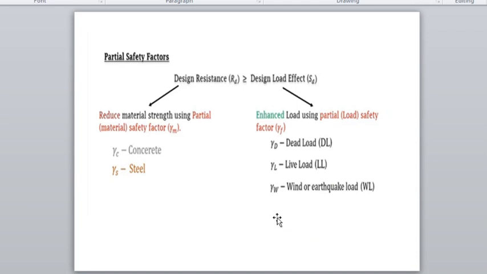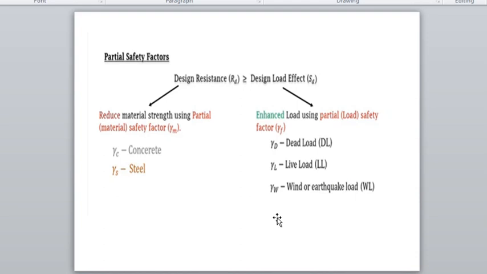Now, in the case of load, I have told about a lot of loads, that is dead load, live load, and environmental load. In the environmental load we get wind load and earthquake load. So here we use them in order to find the load. For example, if I am designing a structure, I will first calculate the load which can come on that structure.